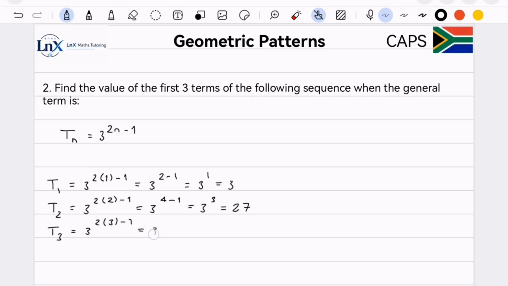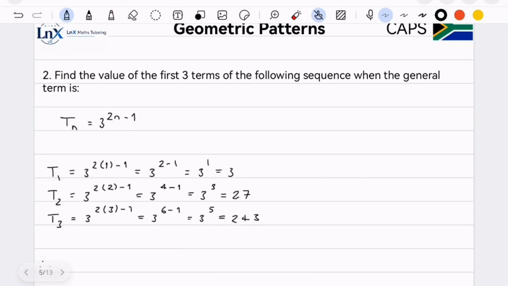So we have 2 times 3, that's 6, minus 1. We're going to have 3 to the power of 5, and this will give us 243. Therefore, our first 3 terms are 3, the second term is 27, then our third term is 243, and so on.